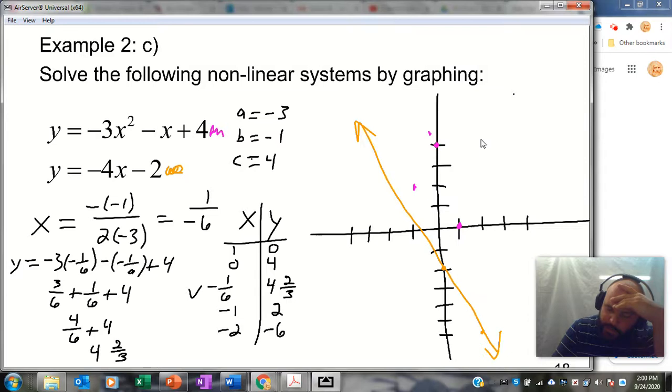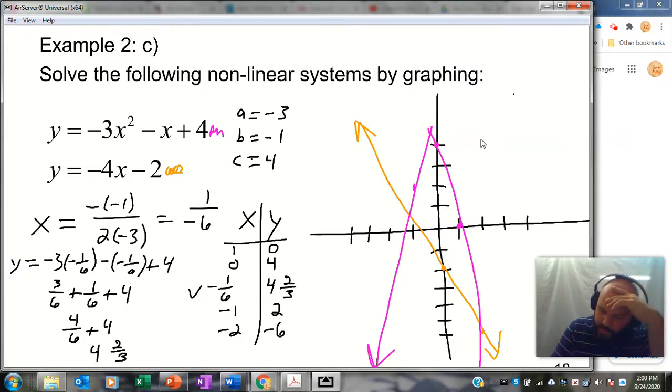And then the last point is -2, -6, which is way down here. So you can see this one goes like this. Down. Now I'm guesstimating. I want to do this a little bit better. Right there. And then this one comes down like this.